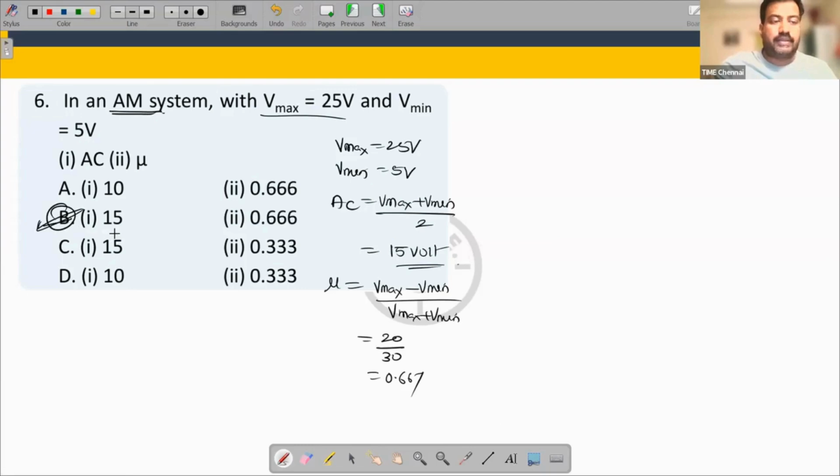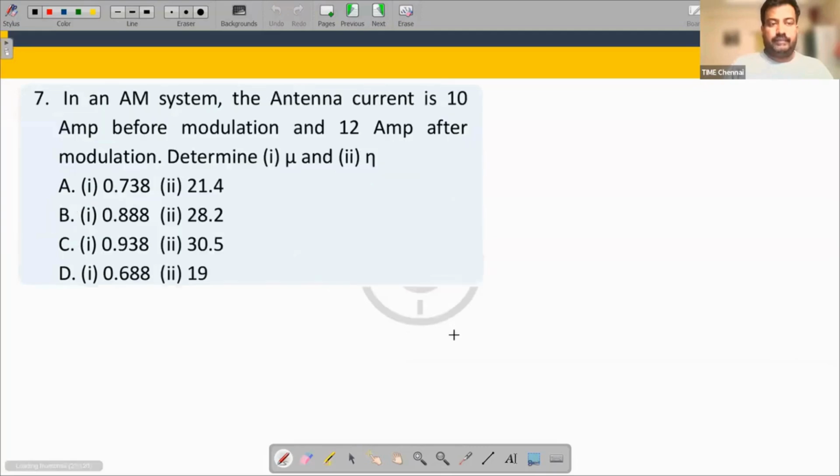The approximate one is this. Option B is the answer. Solve this.